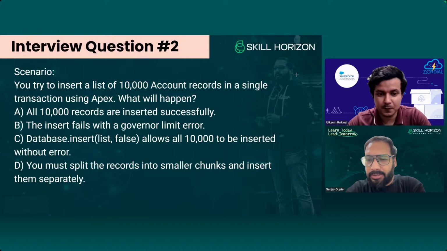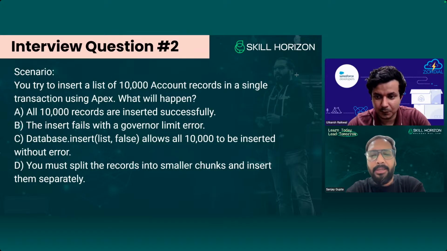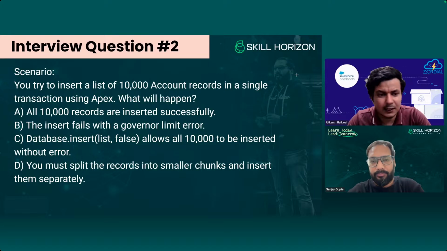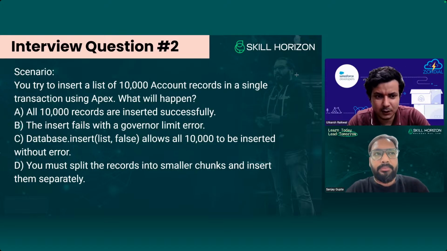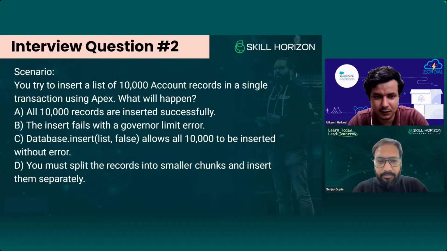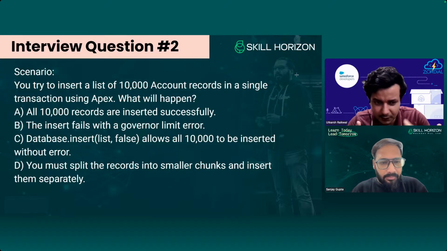Yeah, Shrikant is saying A, Ashok is saying A. So most of the answers say A. So Utkarsh, what's your take on this? Yeah, sir. A is the perfectly correct answer because in Salesforce, the DML per transaction limit is 150, and it won't hit that governor limit.